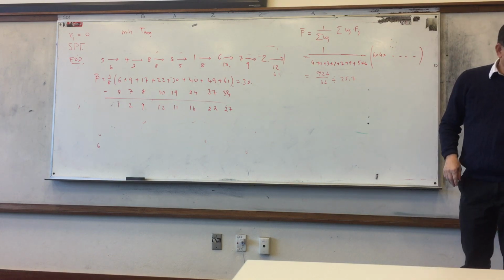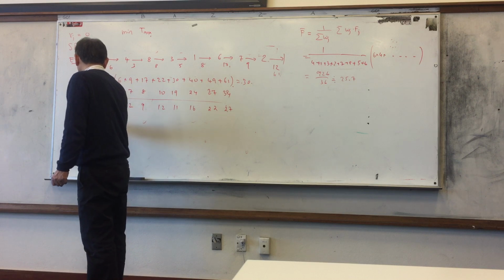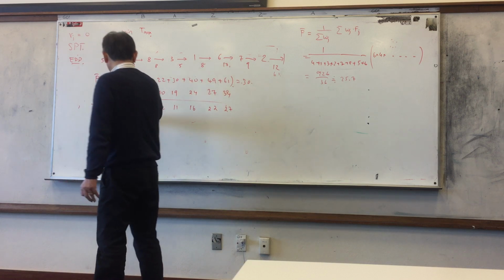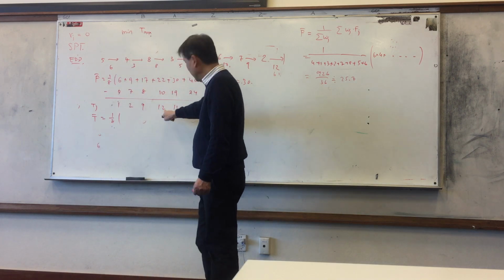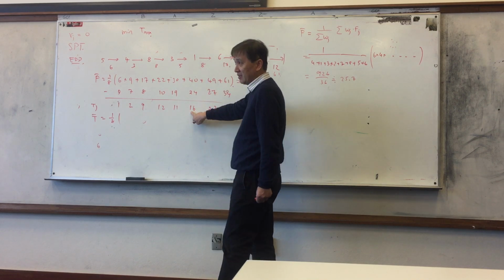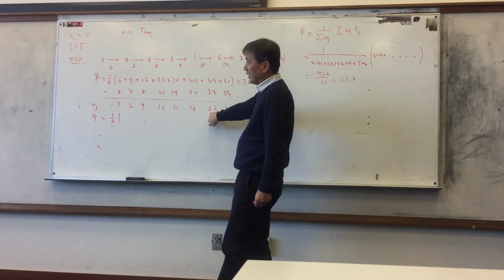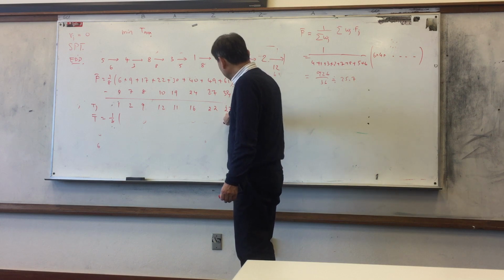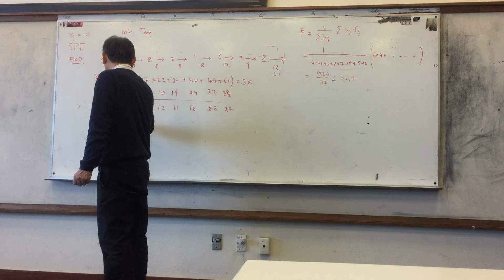So this is your T j, and your T bar is equal to 1 over 8 times the sum: 12, 24, 35, plus 16 is 51, then 73, then 100.